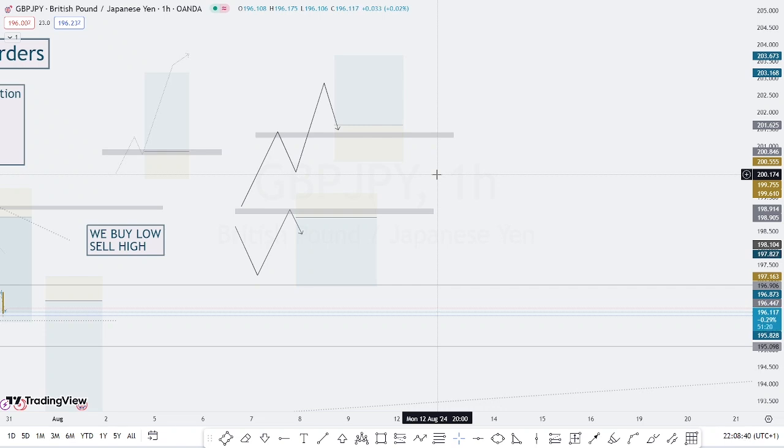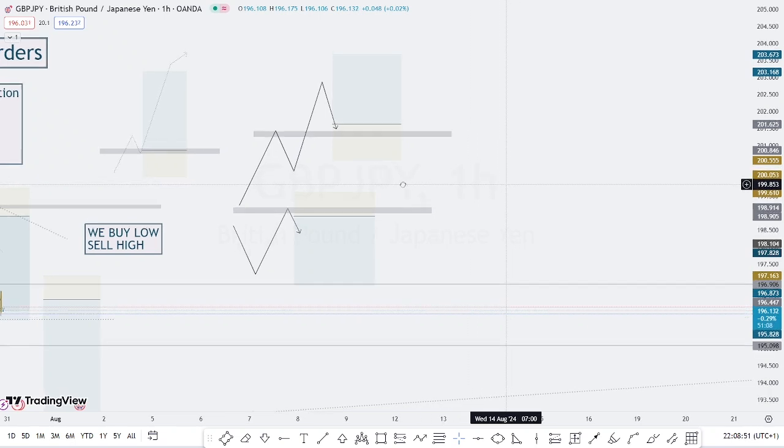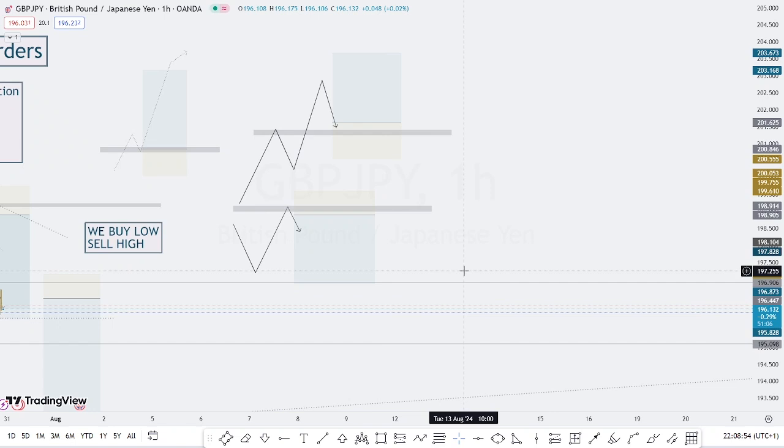So instead of buying ASAP, you wait for the price to go a bit higher so you can buy. That is the buy stop.